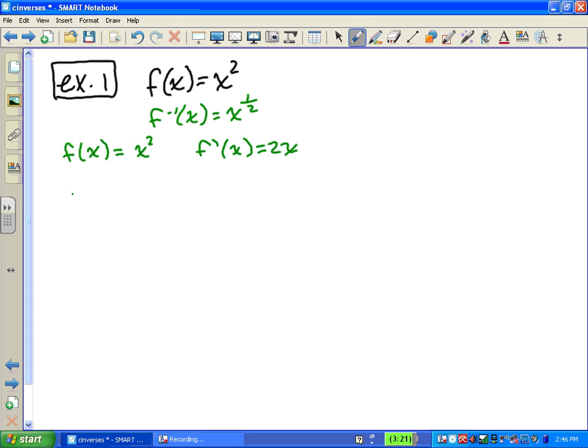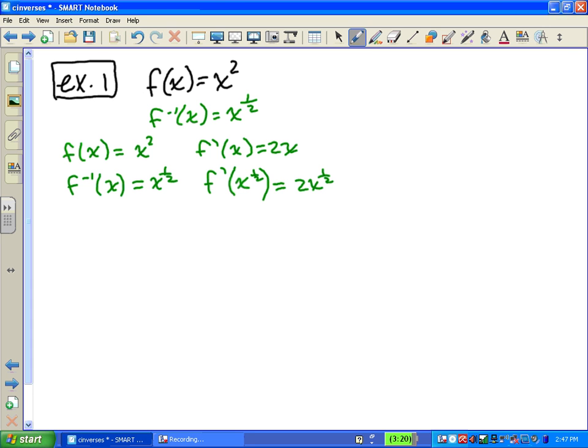We know that f inverse of x equals x to the 1/2. And we know that f prime of x at x to the 1/2, which is f inverse, equals 2 times x to the 1/2.